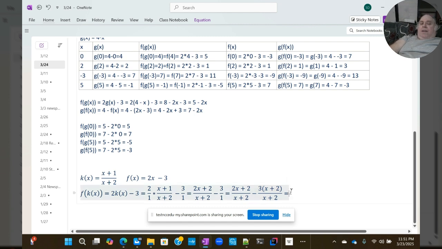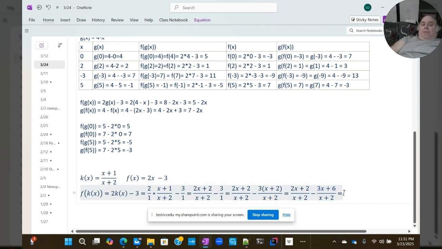So that's going to be 3x plus 6. Now, when we subtract two fractions with a common denominator, what we've got to do is subtract the numerators.